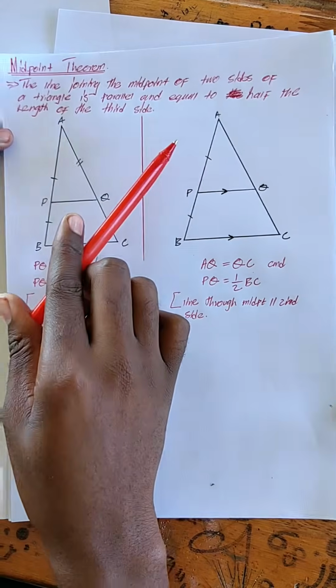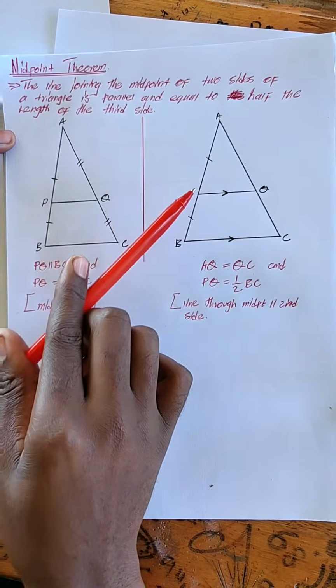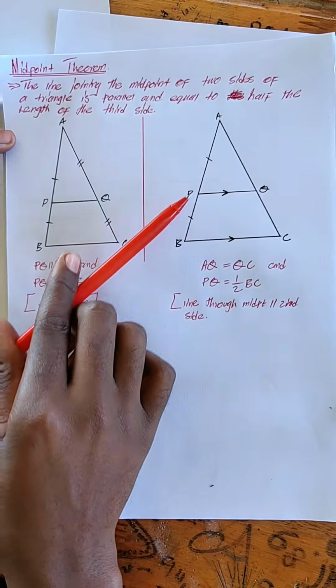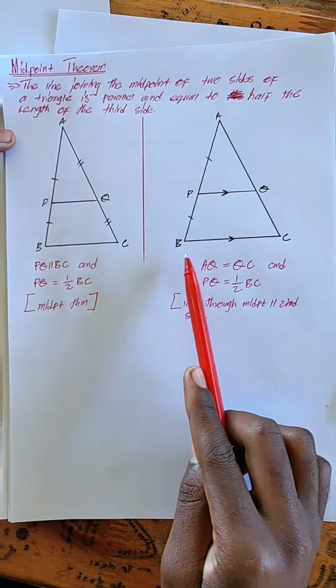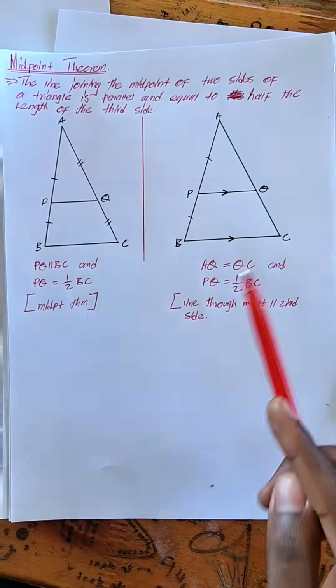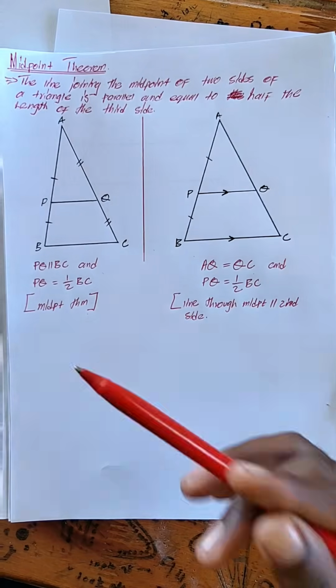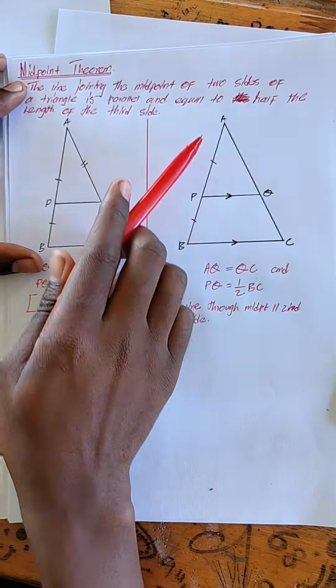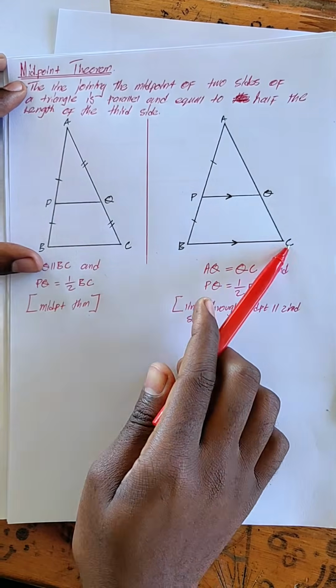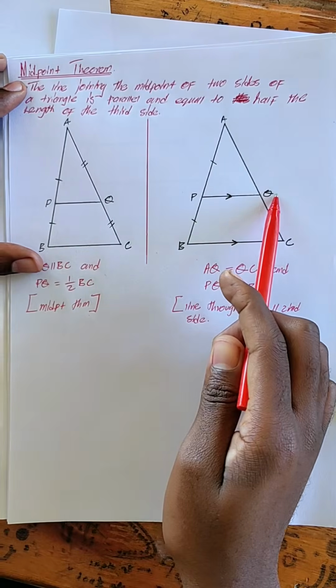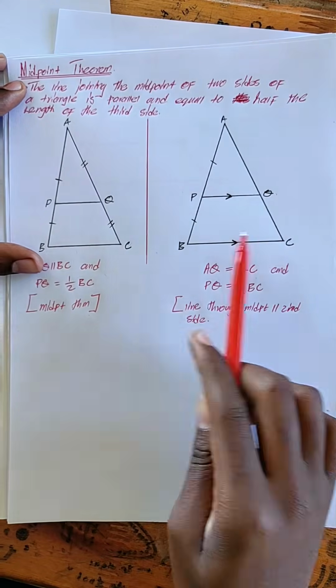In this case, we are given that AP equals PB, and PQ is parallel to BC. What conclusion can we draw from this? We can say AQ is equal to QC, and PQ is half the length of BC.